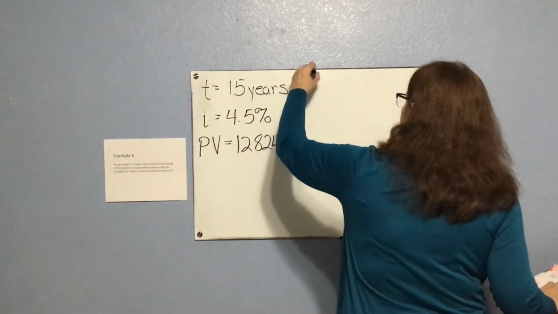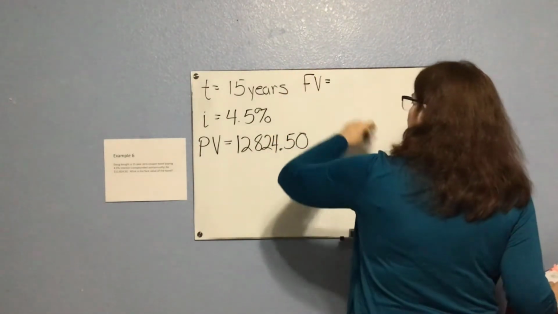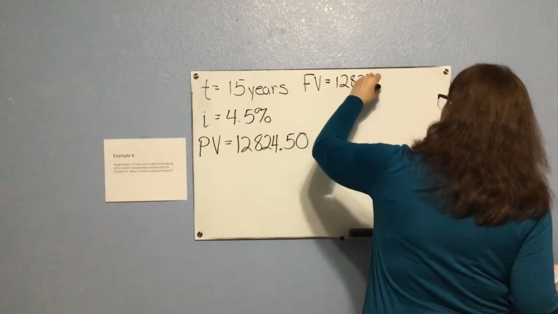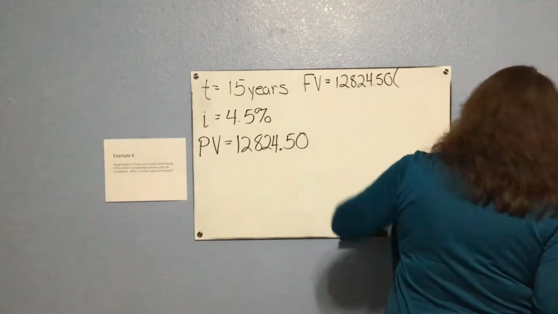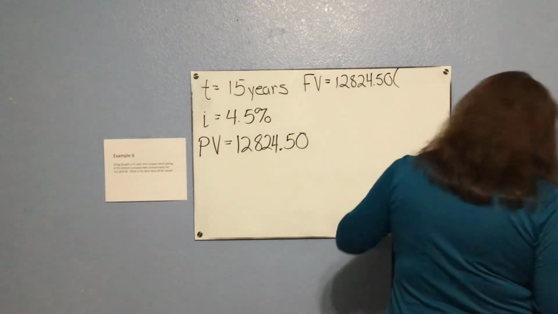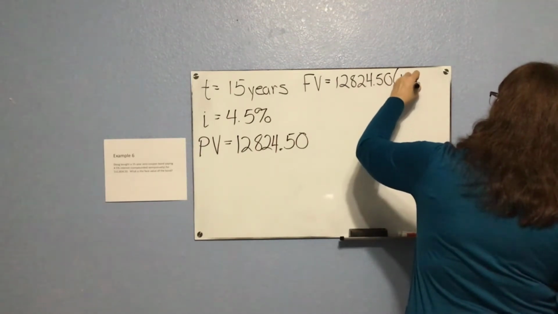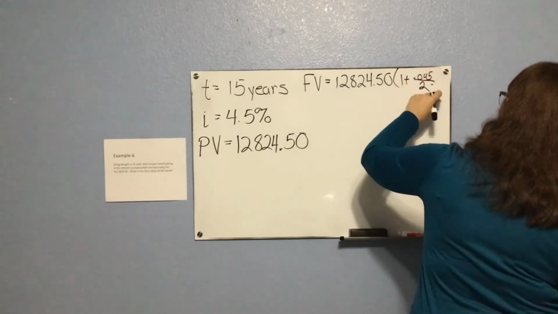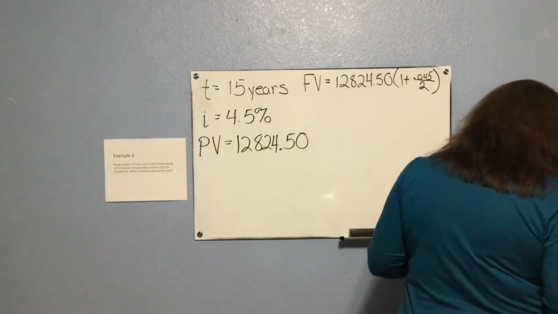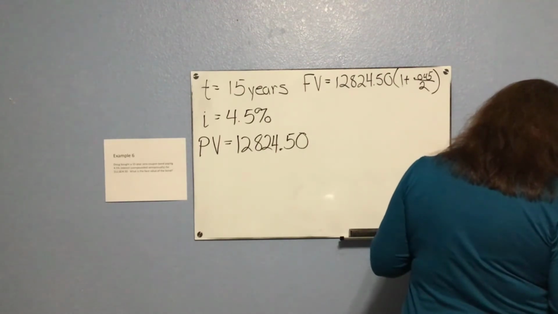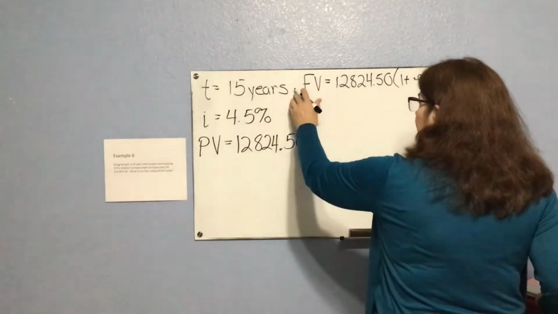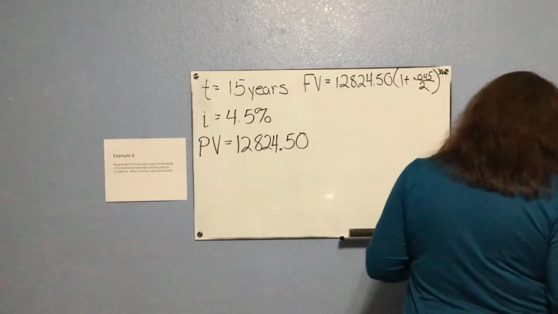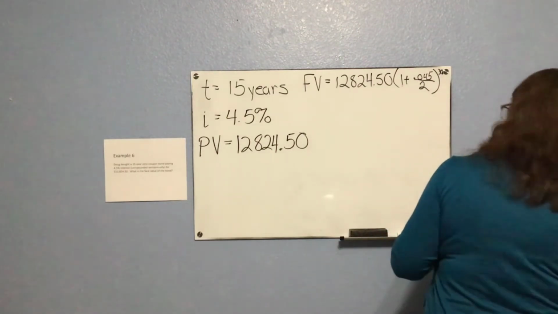So we're going to do just like we've done before. Future value is equal to the present value, $12,824.50 times 1 plus 0.045 divided by 2, because we're paying semi-annual interest. But it's 15 years and we're getting twice a year, so that's a total of 30 interest payments.